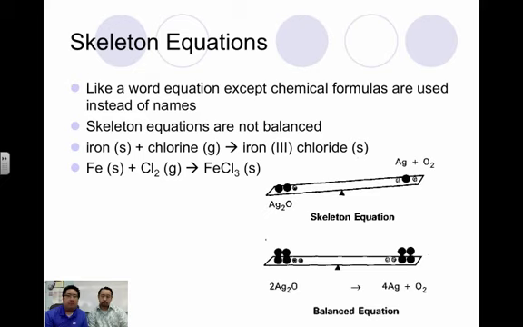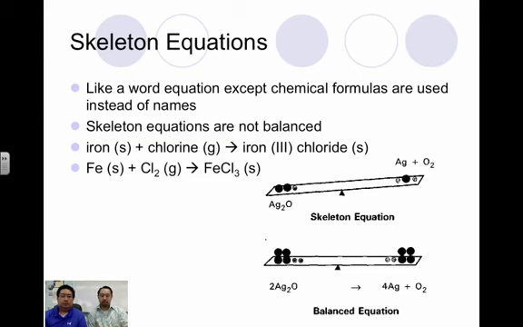Skeleton equations are basically like a word equation, but we use chemical formulas instead of names. What's also important to note is that skeleton equations are not balanced, and we'll talk a little more about what balancing means in a bit. The general structure of a skeleton equation is it just tells you what compounds are reacting and what products are produced.